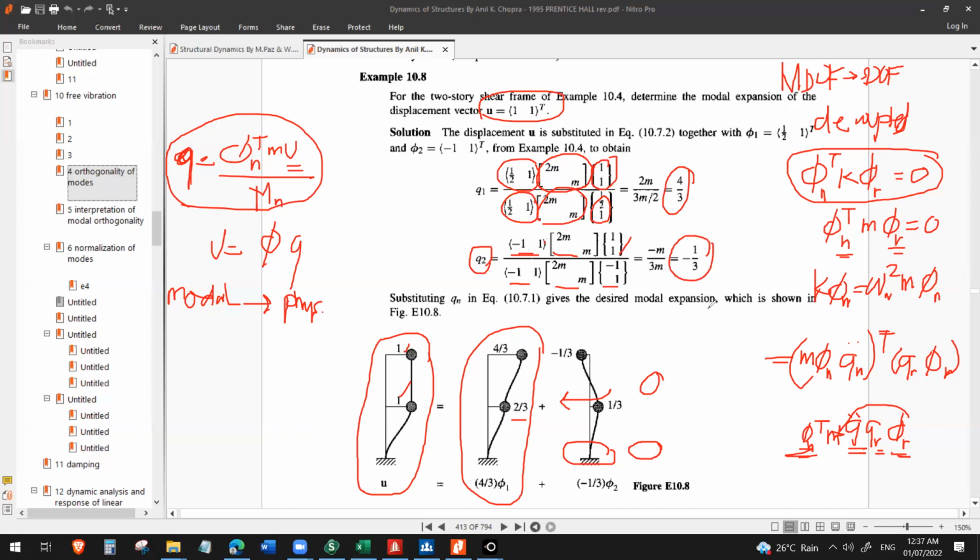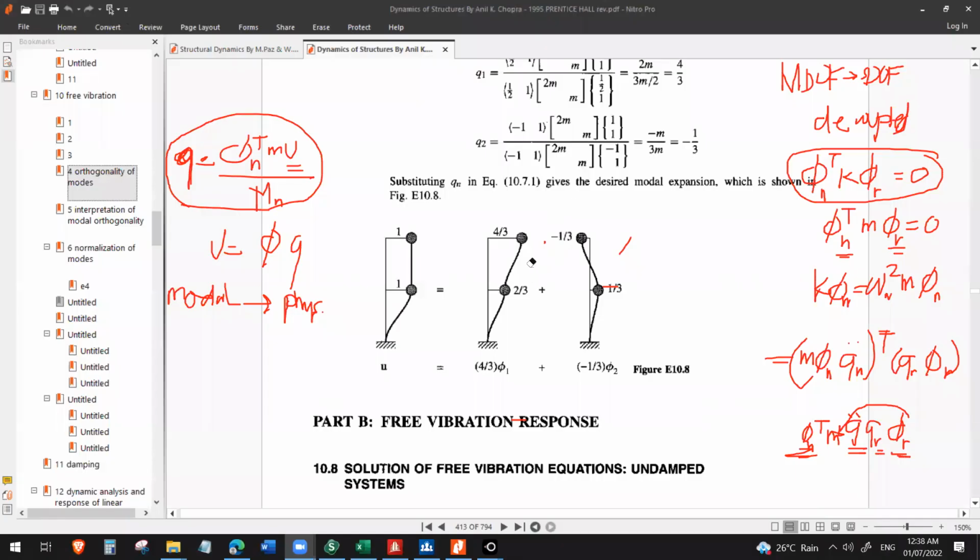So we got negative 1/3. So we got 4/3 and negative 1/3.